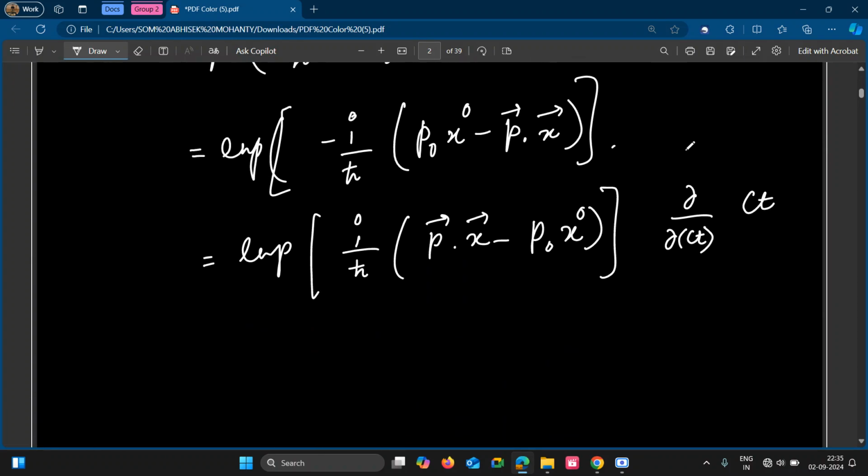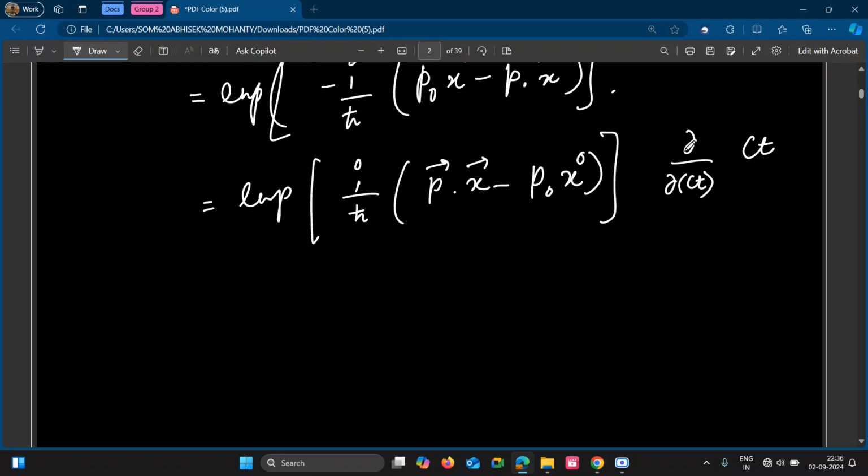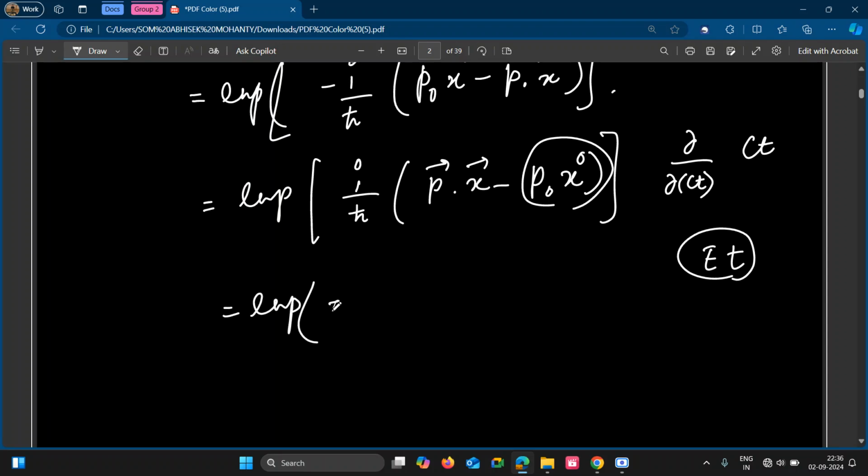If I do this term, I will get something like Et. So I will put Et in its place. So exponential i by h cut, p dot x minus Et.